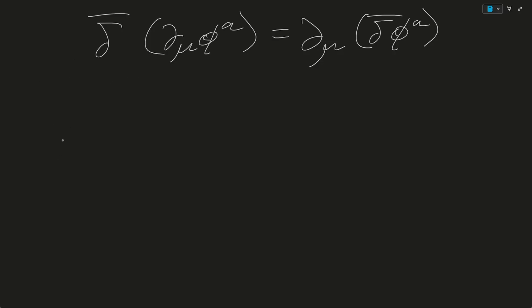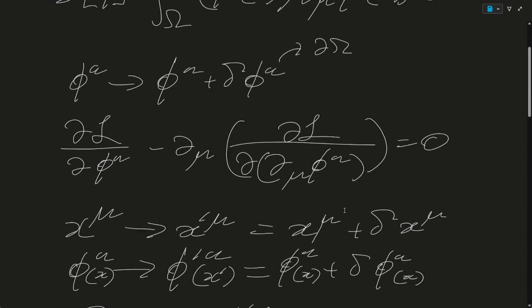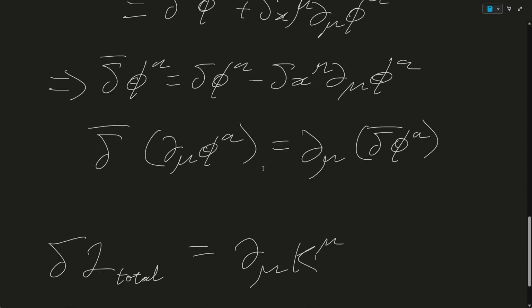So we can write that. We can say that the change in our Lagrangian density is the derivative with respect to mu of this vector field K to the mu. This is our full variation of Lagrangian density, which is including any stretching of our integration measure d4x.